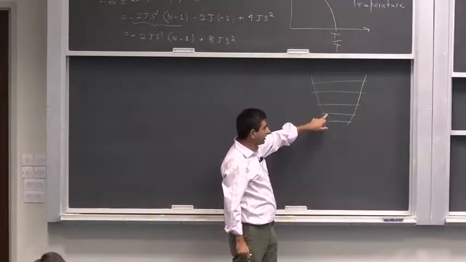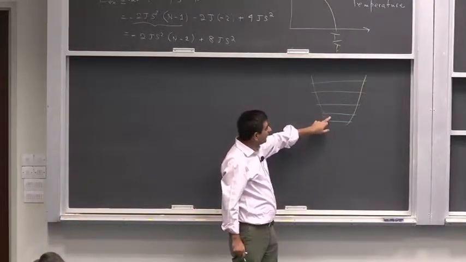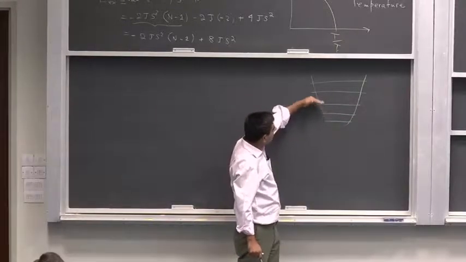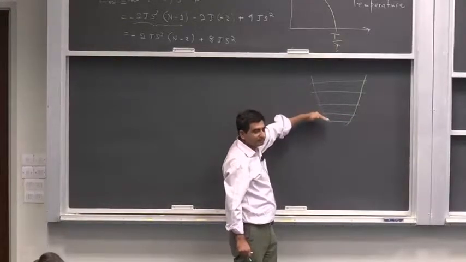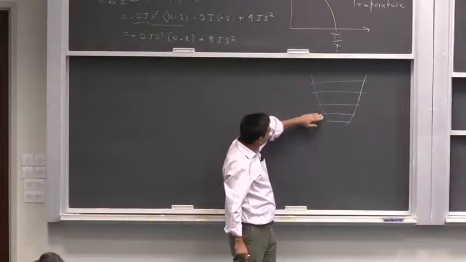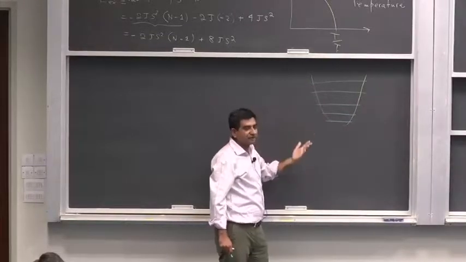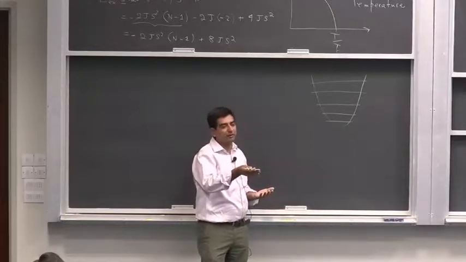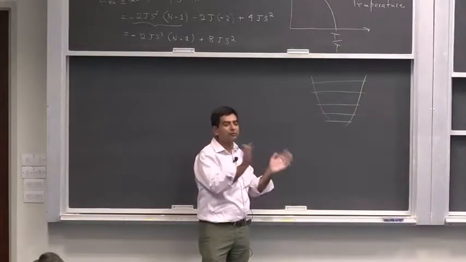A photon can be created. So you can increase the number of photons inside the system and go up the ladder in this harmonic oscillator, in this energy scheme. So these states correspond to excitations, and an excitation is actually the creation of a photon. More photons are going into the system.